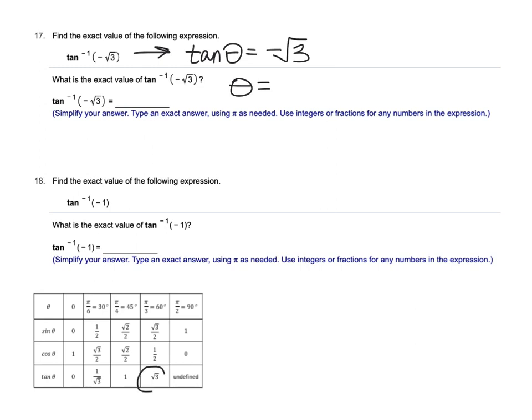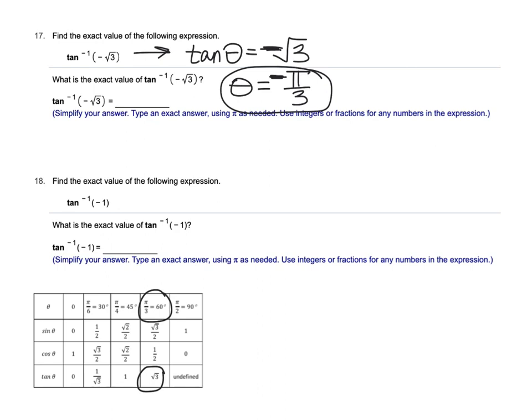Tangent is the square root of 3 at pi over 3, so my reference angle is pi over 3. But because this was negative square root of 3, that happens at negative pi over 3. Remember, the negative carries with it. That is my answer.